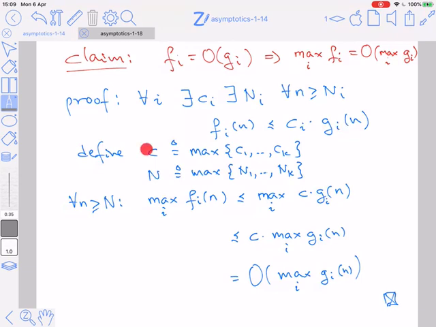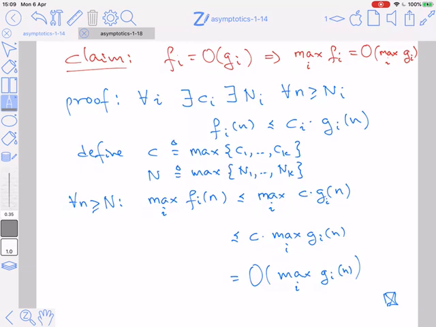Now let's define the constant c and the constant capital N to be the maximum over all the constants ci and the maximum over all the constants Ni. What do we know as a result? For every n which is greater than or equal to this N, the maximum of fi of n is bounded by the maximum of c times gi of n, because f1 of n is less than or equal to c1 times g1 of n, and c1 is less than or equal to c.